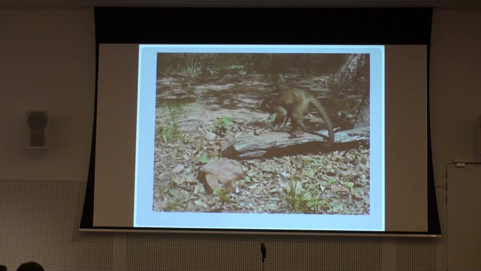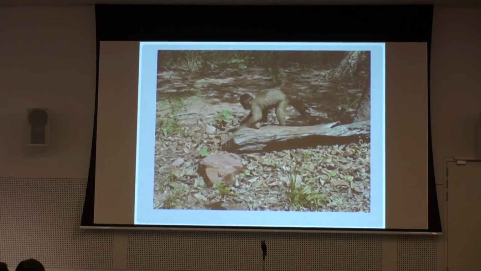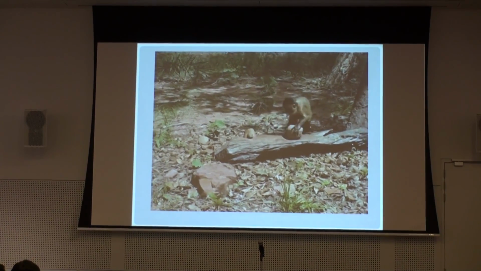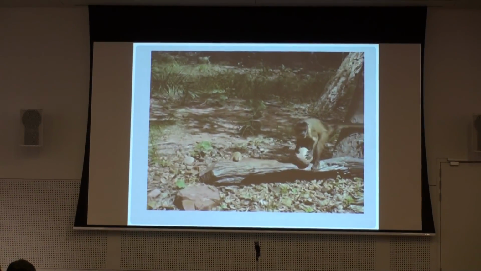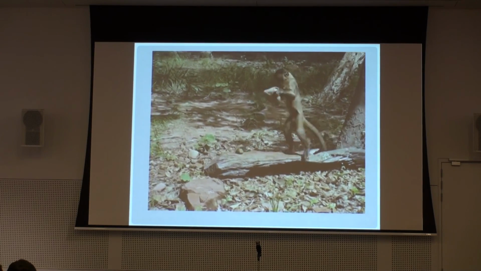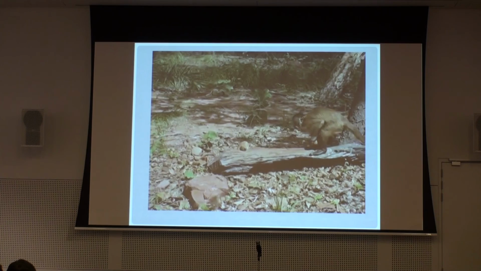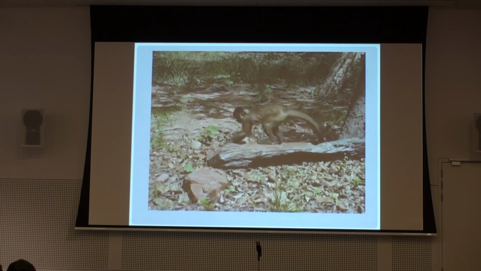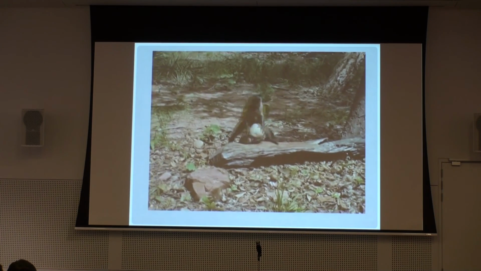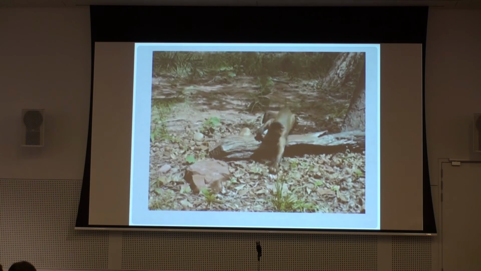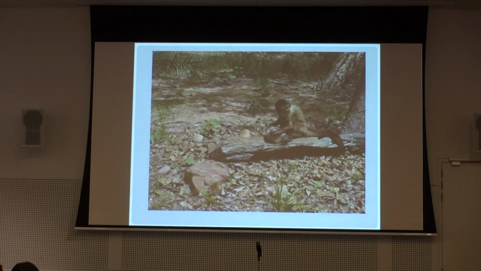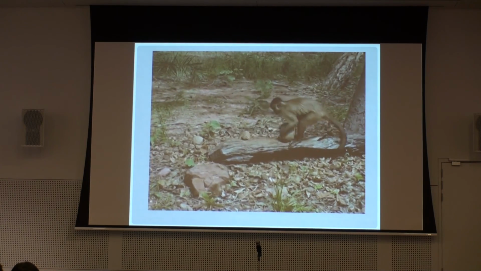So you can see this particular individual is taking several tries to crack open one particular palm nut, and that's because these nuts are very, very tough. I make a comparison in the States that they're many times harder than walnuts, but they're particular. You see them switching hammerstones there.